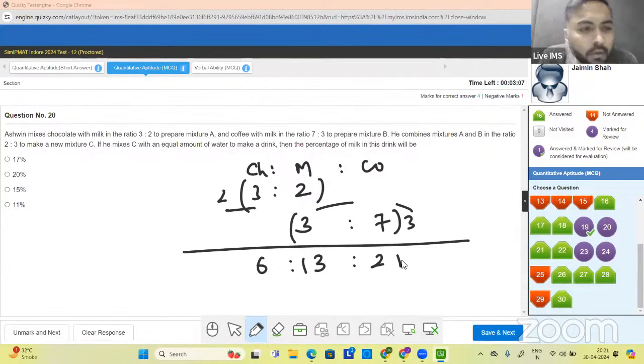चेक कर लेते एक बार। हाँ, chocolate and milk 3:2, coffee and milk 7:3. He mixes the mixture A and B in the ratio 2:3.